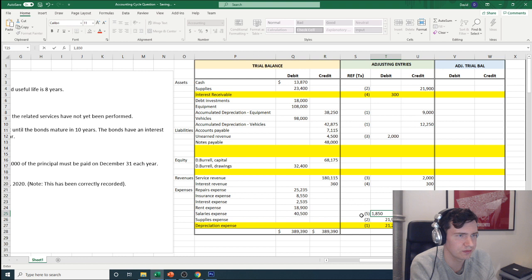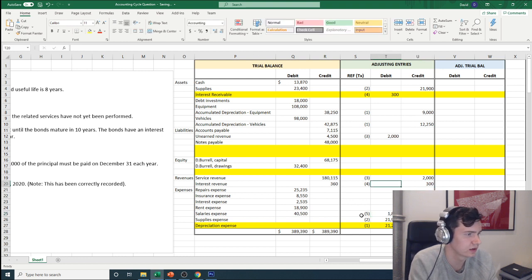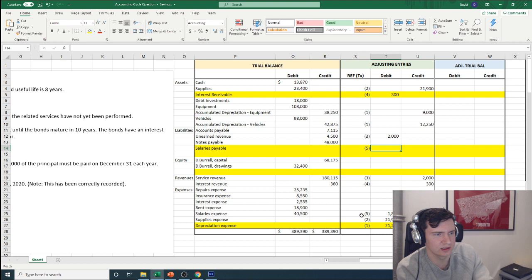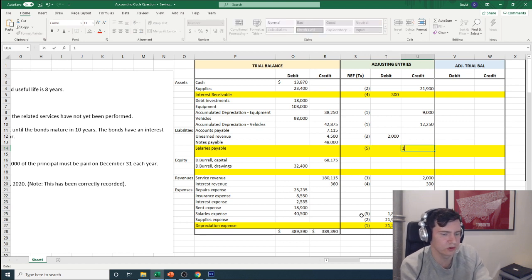And we're going to credit salaries payable. Do we have a salaries payable? Don't think we do. Salaries payable. And it's referencing the fifth adjusting entry, and then we're going to say $1,850.